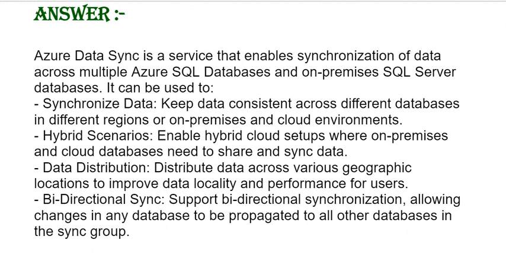environments. Hybrid scenarios: enable hybrid cloud setups where on-premises and cloud databases need to share and sync data. Data distribution: distribute data across various geographic locations and improve data locality and performance for users.